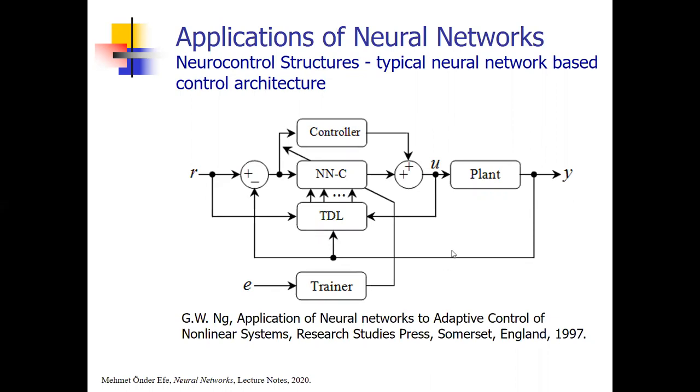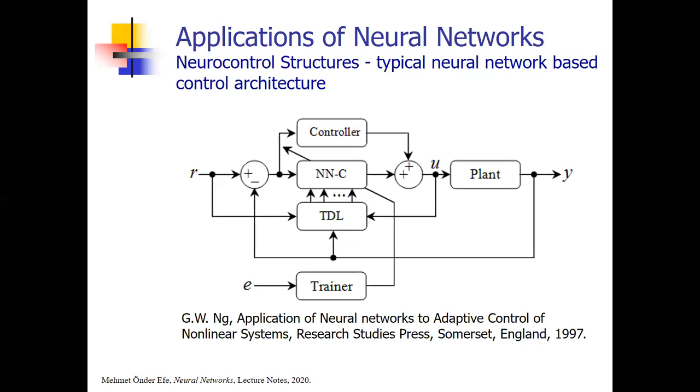Well, a typical neural network-based control architecture uses some delayed values of the produced control signal and some delayed values of the reference signal to the controller, and the controller also knows the current error value to produce a good control signal. And this good control signal is also supported by a conventional controller, which could be a PI controller or a PD controller or a PID type of controller.